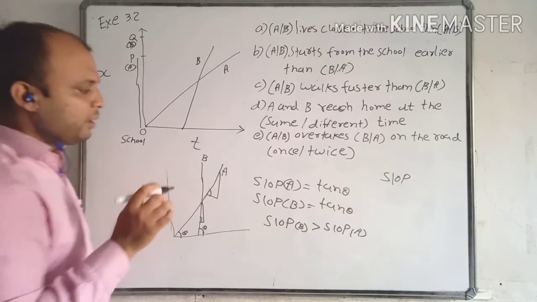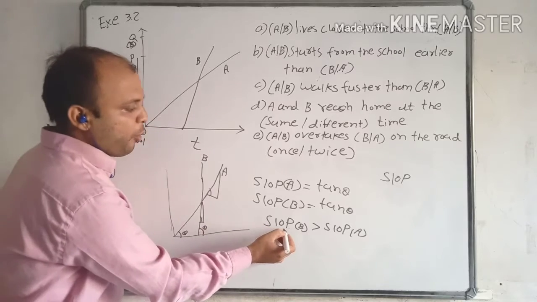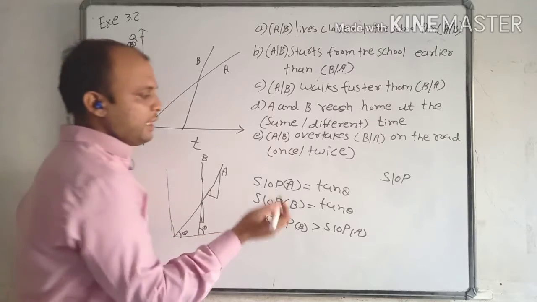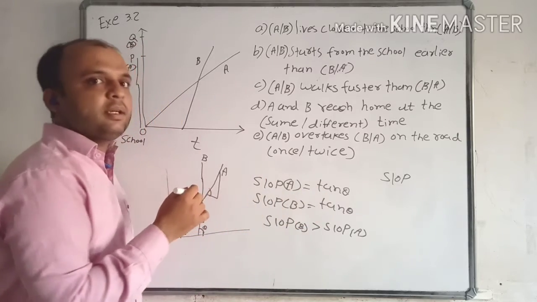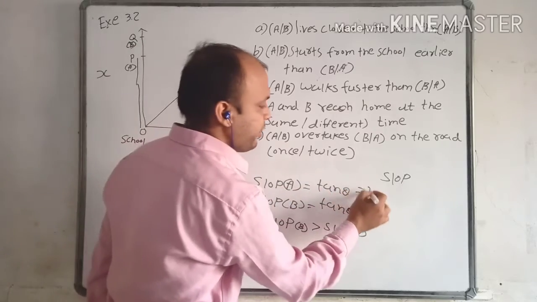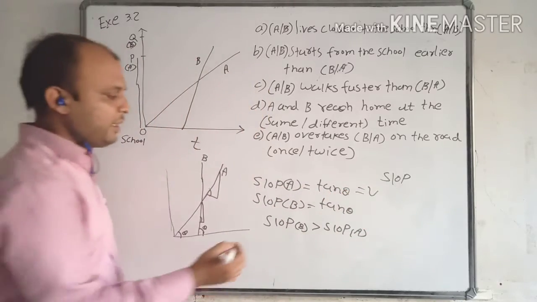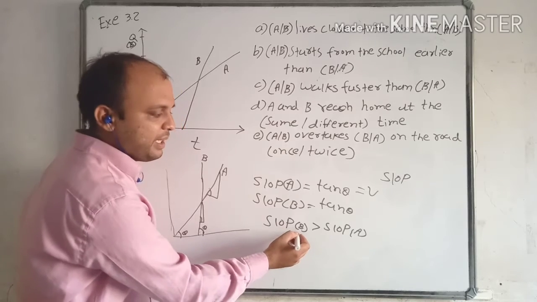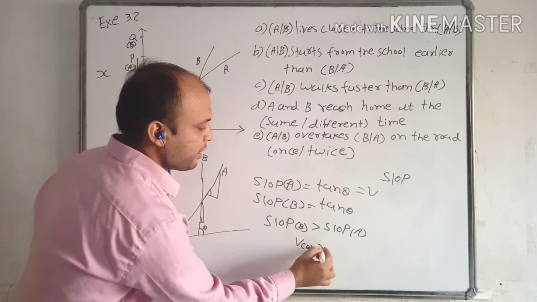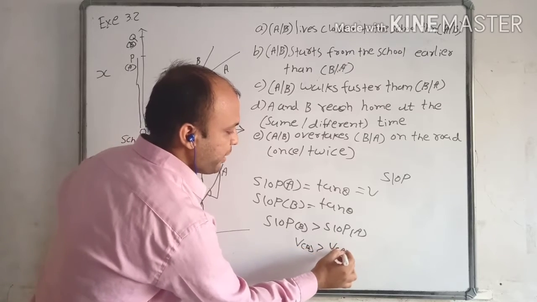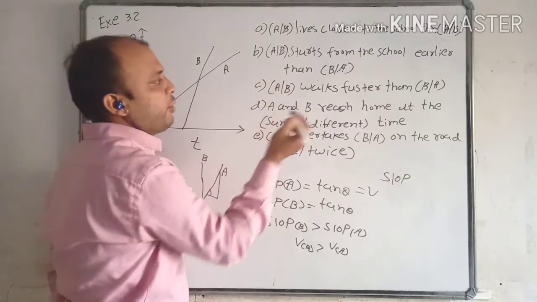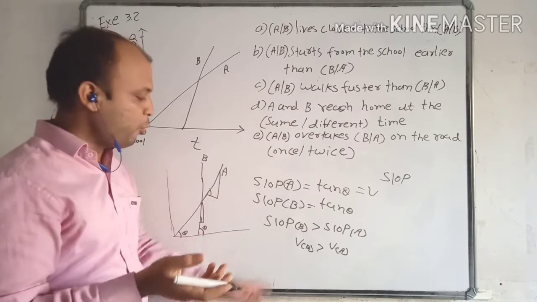So the slope of B is greater than the slope of A. Slope represents tan theta, and slope also represents velocity. If the slope of B is greater than the slope of A, then the velocity of B is greater than the velocity of A. Whose velocity is more?